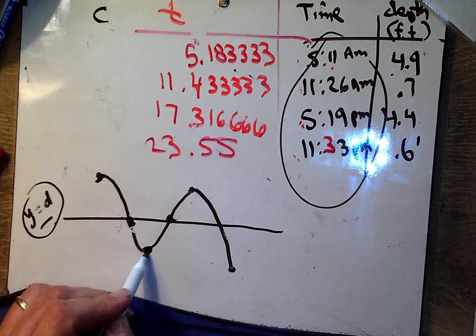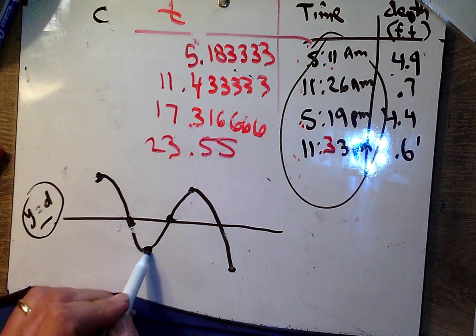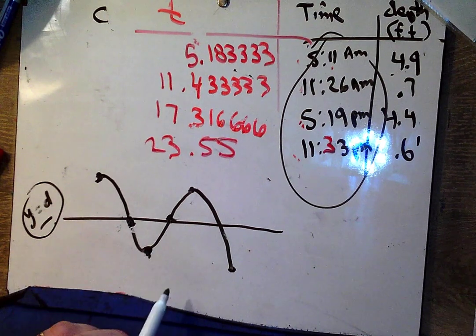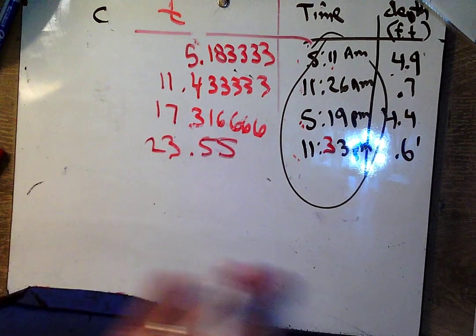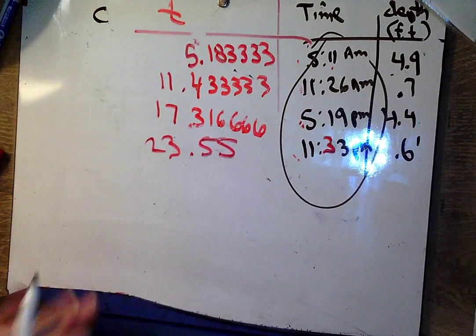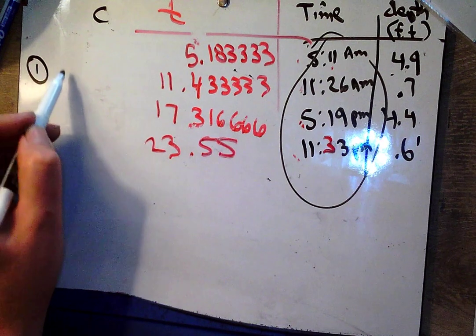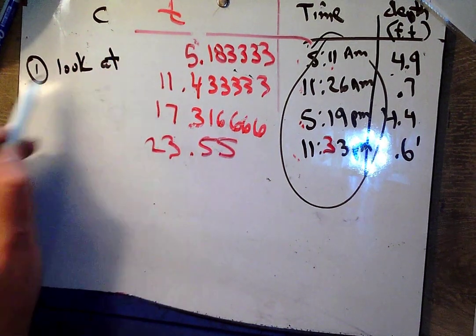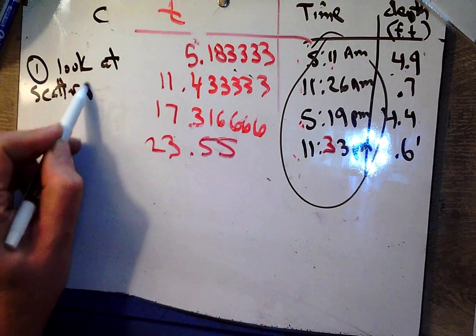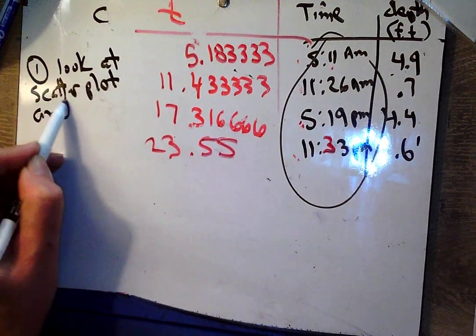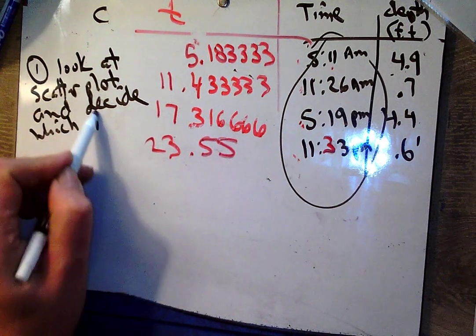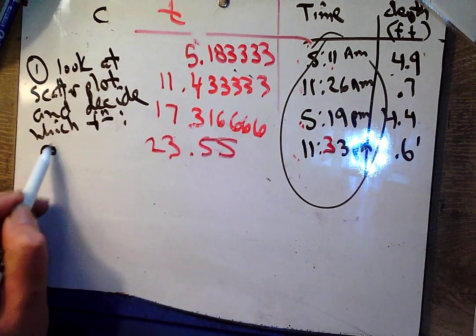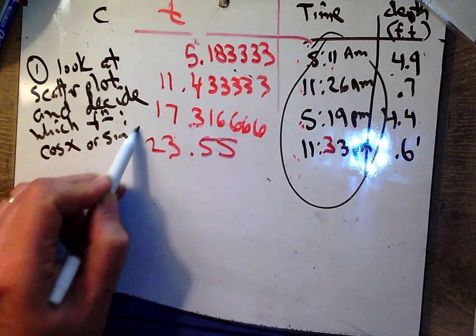I could start here with a negative cosine graph, and I would make my C value be this time, 17.316666. Okay, so I have some ideas. I'm thinking positive cosine, but first, look at the scatter plot and decide which function, cosine or sine.